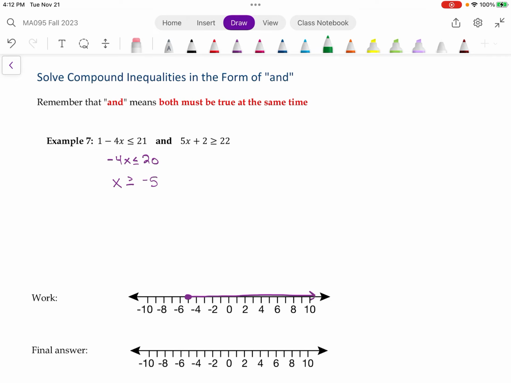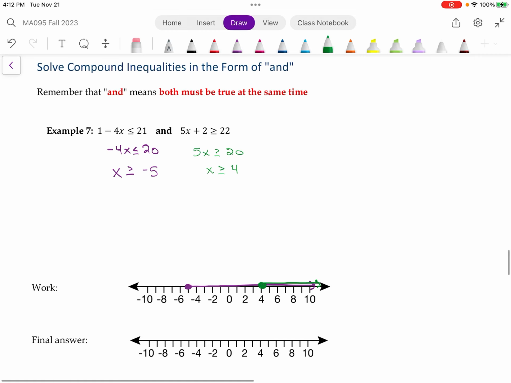All right, the next one we're going to subtract 2 from both sides, and I get 5x is greater than or equal to 20. Divide by 5, and I get x is greater than or equal to 4. So greater than or equal to 4 goes from here to the right, and I'm very purposefully putting it almost right on top so you can see where is and on this one.